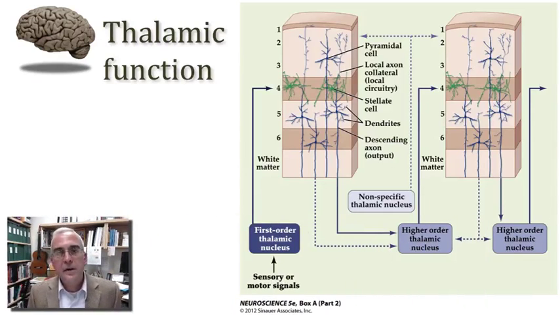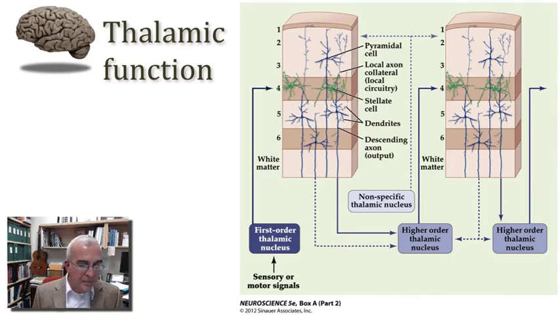Now, let's use this anatomical framework to consider the function of these different kinds of nuclei that we've just described in the thalamus. The most widely known set of nuclei in the thalamus are those that receive incoming or ascending sensory signals, and the function of these nuclei is fundamentally to relay that information to the respective divisions of the cerebral cortex that are defined by the input patterns of those nuclei.